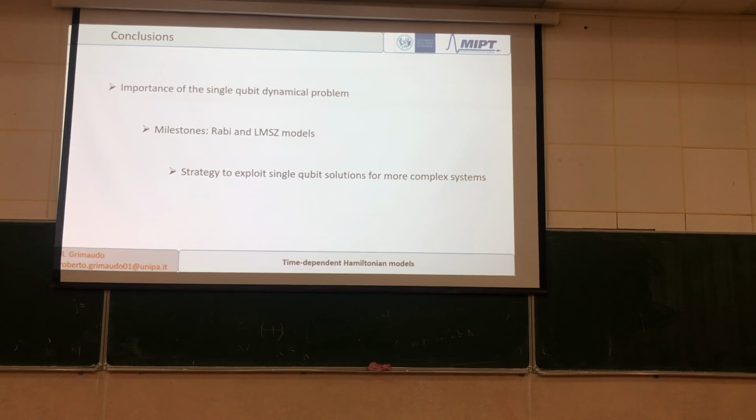Actually, I didn't show, but we are able, for example, to find some solution also in this case. That is when we consider the interaction of our system with a surrounding environment in two ways. The first one is when the magnetic field has a noisy component, that is a component which fluctuates randomly in time.